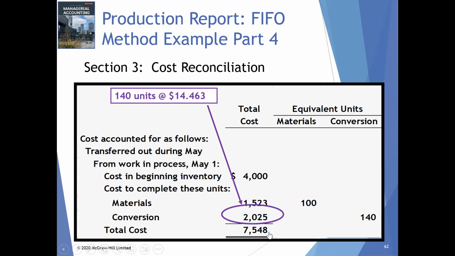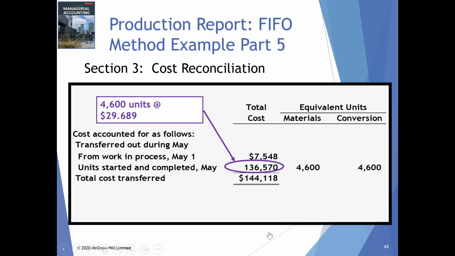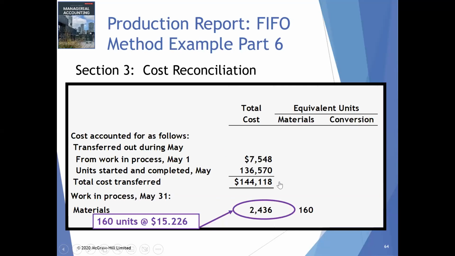That will be the total cost. So 7548 is the total cost, plus 46 multiply by 29.689, and the total will be 144,118. This is the total cost transferred.